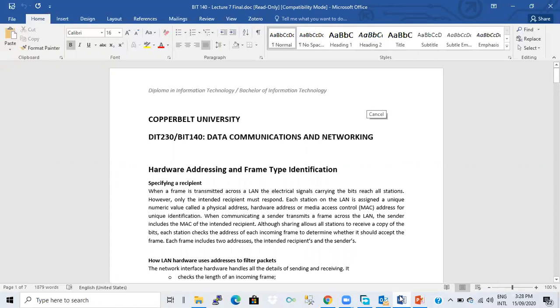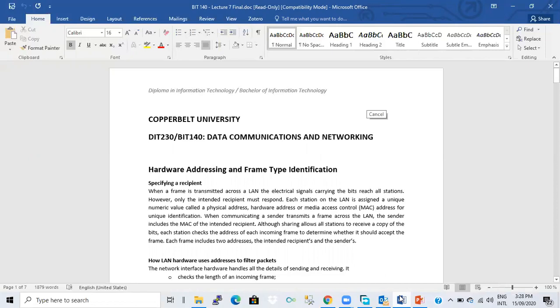You specify things like the name of the person you're sending a letter to, the street they stay in, the house number, the city, the town, as well as the country, because that's how this particular recipient will be addressed. So even in computing, you specify a recipient.